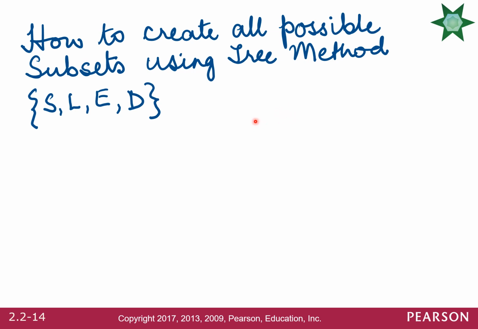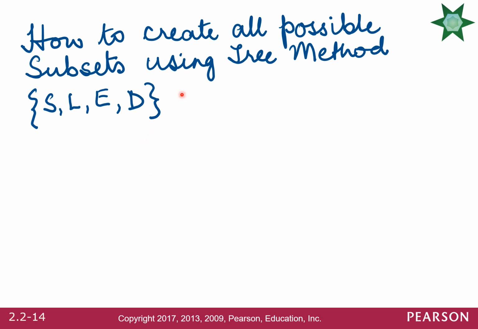The different subsets that we can create from this set SLED would be subsets of 4 elements, 3 elements, 2 elements, 1 element, as well as the empty set. An empty set is also a subset of a set.